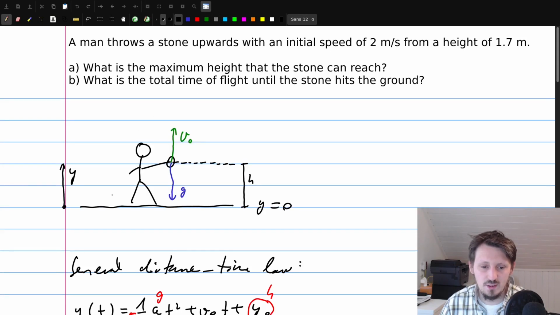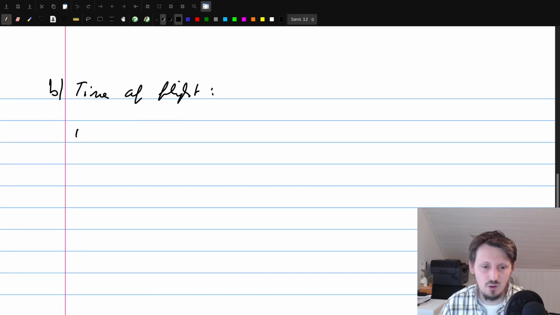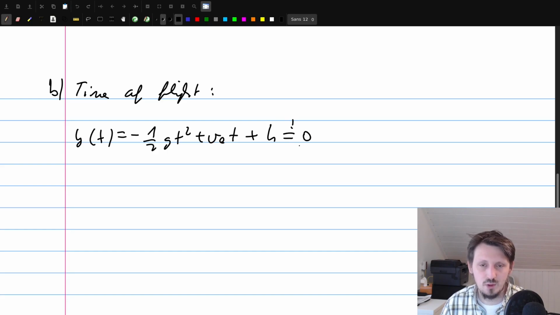We defined the ground level as y equal to 0, and the stone is released from the height h, which means we can take our distance time law, y of t equal minus 1/2 g t square plus v0 t plus h, and this has to be equal to 0, because this is the position where the stone reaches the ground. So we calculate the time required for the stone to hit ground level.